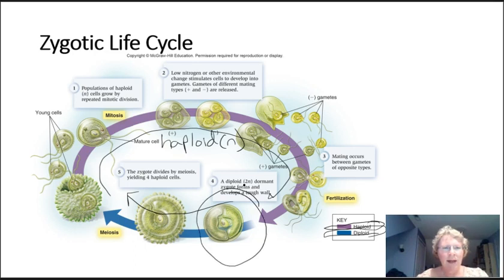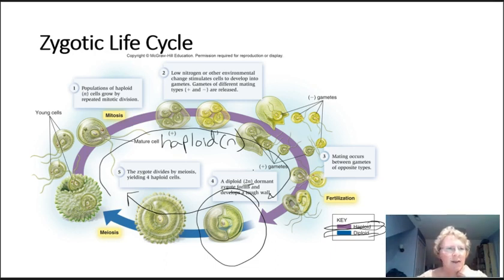A diploid, shorthanded as 2N, dormant zygote forms. So note that most of the optimal season for this particular life cycle will be spent in the haploid stage. The formation of gametes that will then fuse to form a zygote may only be triggered near the end of the optimal season when environmental conditions become stressful.